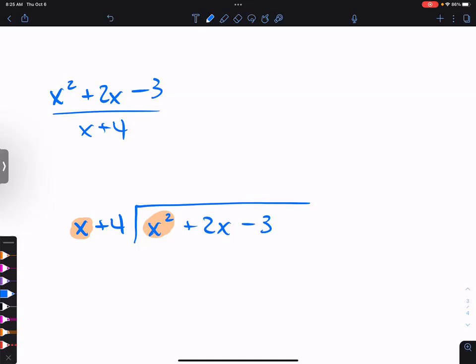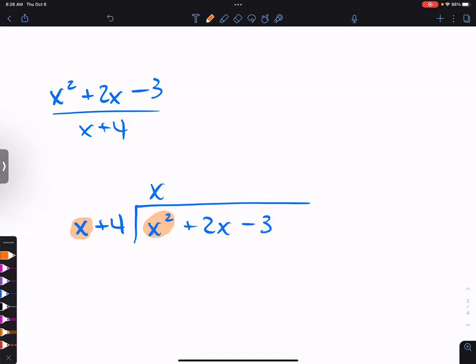Or, flip side, what's this divided by that? X. Right, so just comparing the leading terms there. X goes into x squared x times, or this times this gives you that. So you've got to match the power, you've got to match the coefficient.